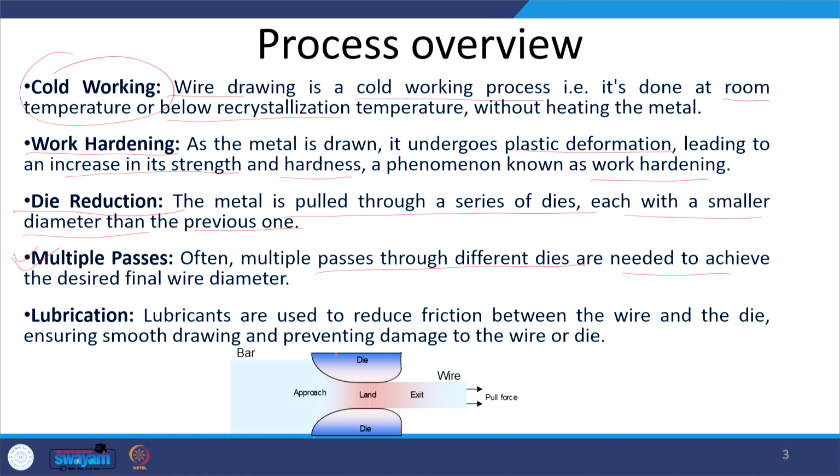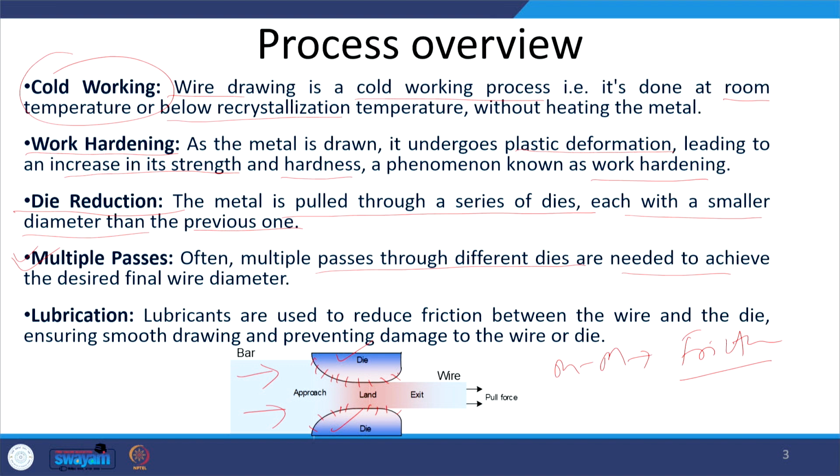If we see here that this is, say, one die, and the material is being pulled through the die, there will be huge contact between the die surface and the material. Because of this firm metal to metal contact, significant friction is observed at the die metal interface, and that leads to an increased requirement of force to facilitate the wire drawing.